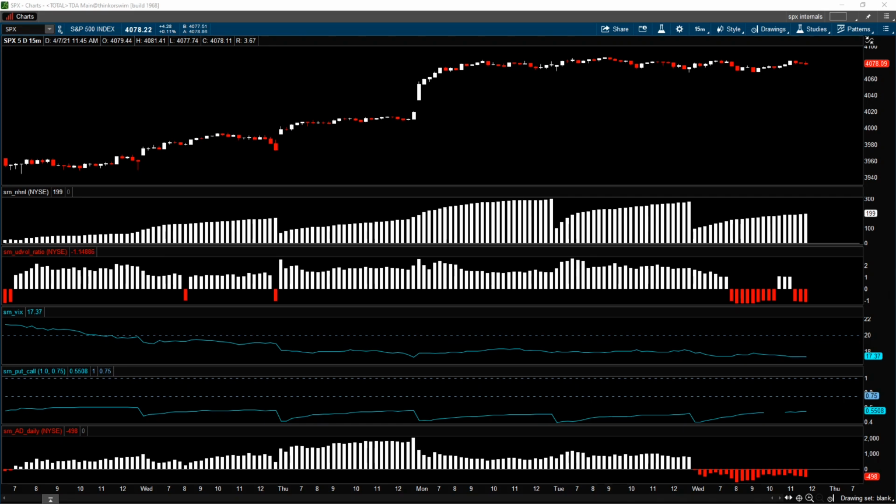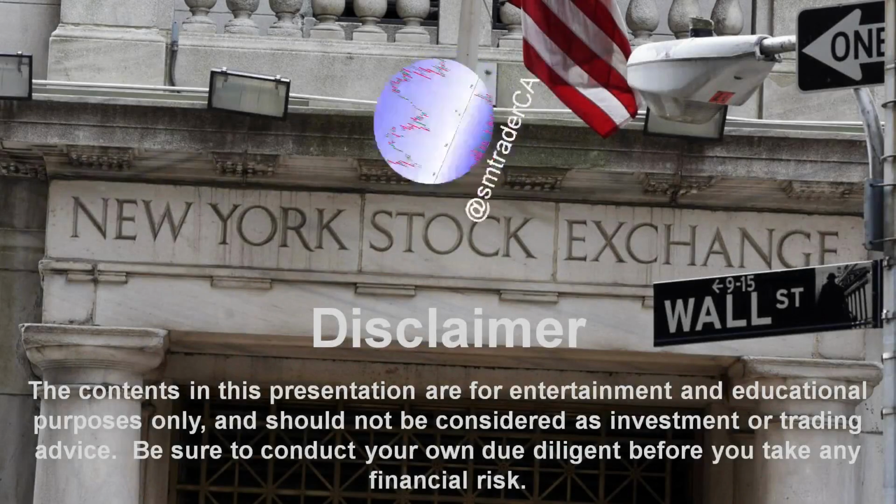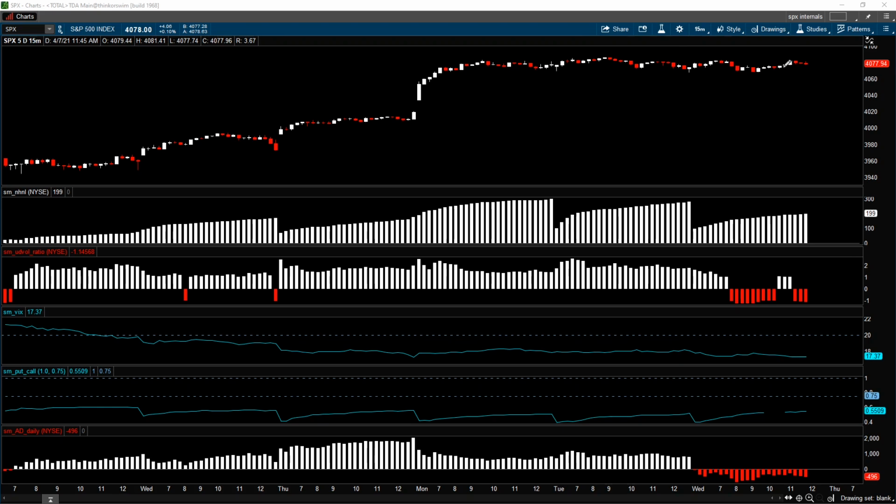But let's start looking at this intraday chart with the S&P 500 and also some of the internals. The S&P 500 is near the record high level, somewhere around that record closing high. The new high, new low is sitting at positive 199, more new 52-week highs than new 52-week lows.